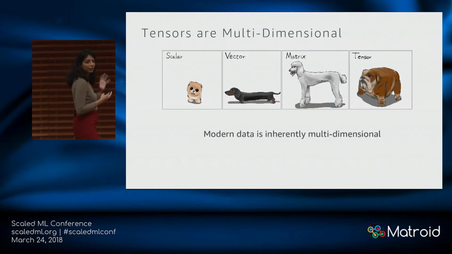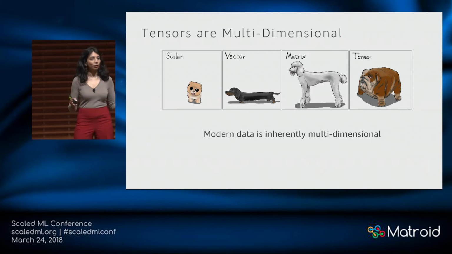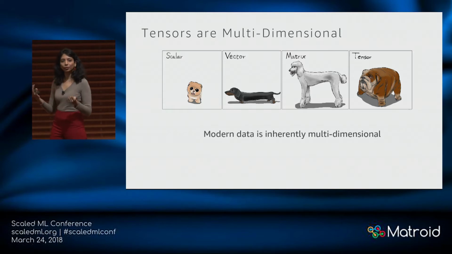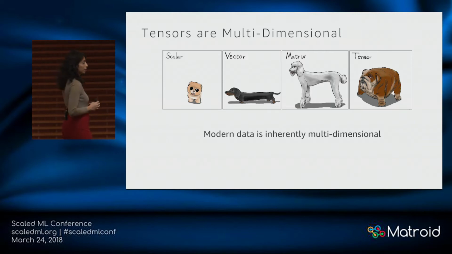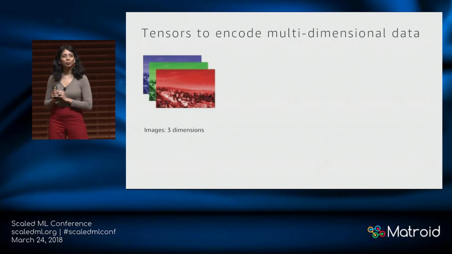The idea is why tensors are natural frameworks for machine learning is because modern data has so many dimensions, right? Every dimension in the data can now naturally be a new dimension in our tensor, in our data structure. And that's not that hard to visualize.